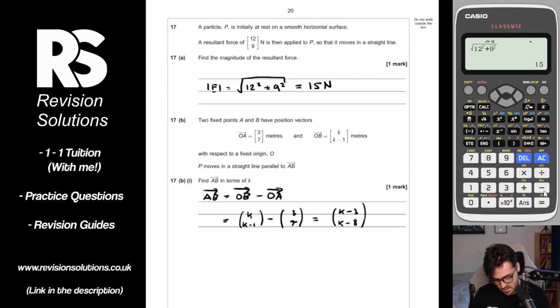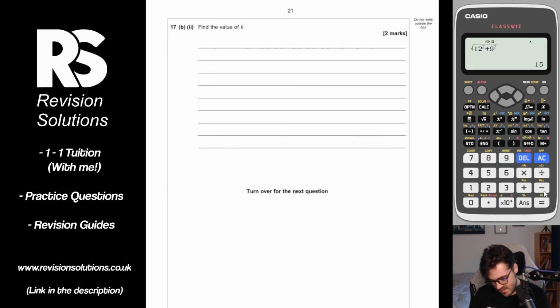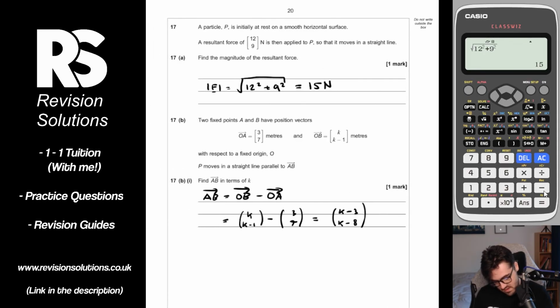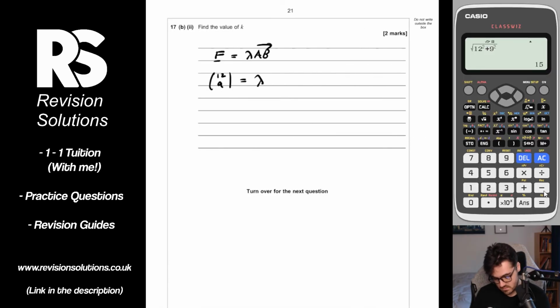So that's our information, really. We know that our resultant force vector, because the acceleration is always going to be parallel to the resultant force also, is parallel to this vector we found for AB. So we know that F, if it's parallel, is a constant, let's say lambda, times our vector AB. So F was (12, 9). So we'd have (12, 9) equals lambda times our (k minus 3, k minus 8) vector.